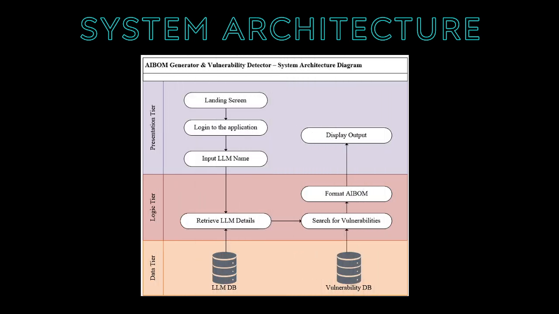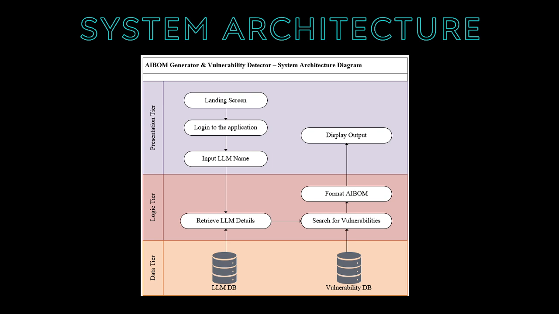To explain the system architecture briefly, it's a web application that is being developed. At the presentation tier, the user is presented with a login to the application. A login was incorporated because it was a mandatory requirement by the NTIA to have the authorship and the timestamp involved in the AIBOM generation, so that it is tracked how updated the AI bill of materials and the detected vulnerabilities are.